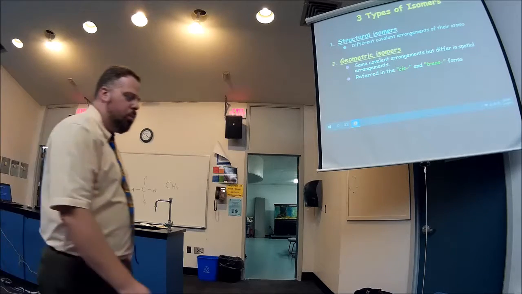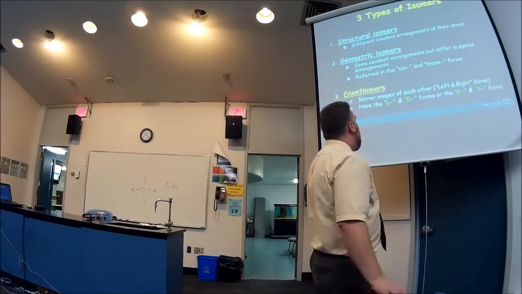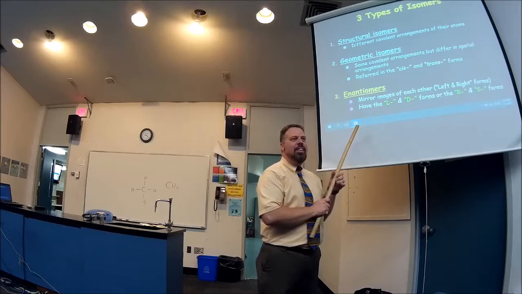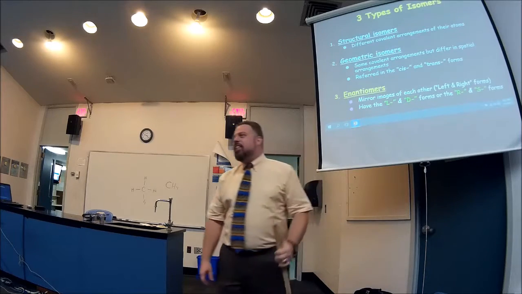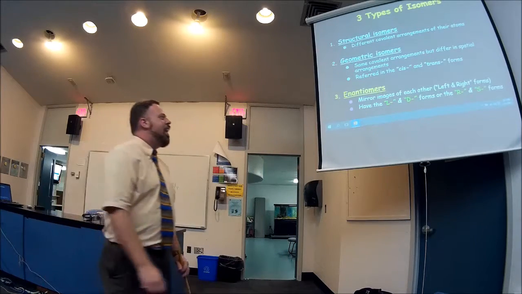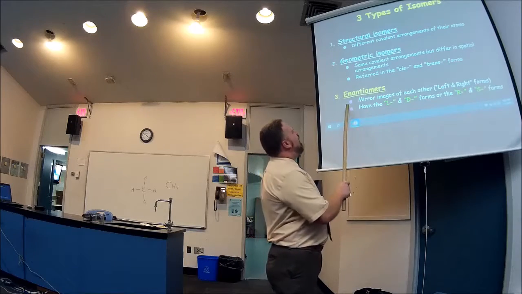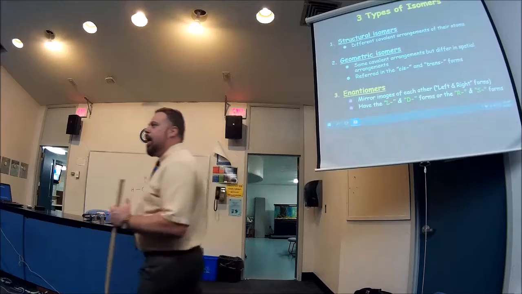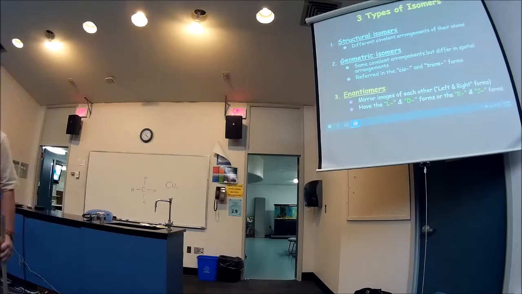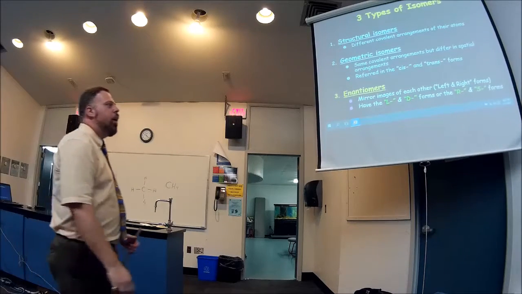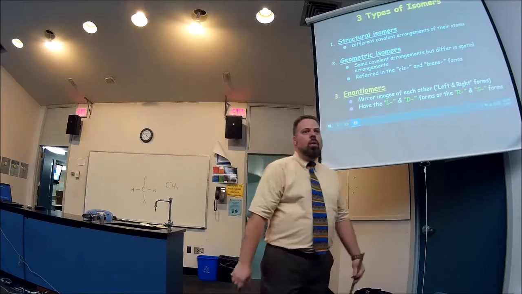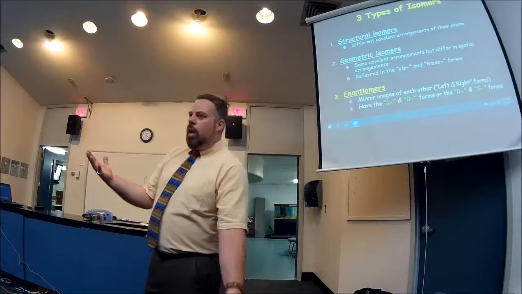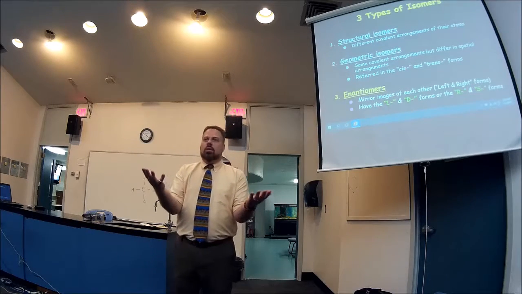Okay? We also have, and how do you pronounce that? Everybody says it differently. All right? Enantiomers. This word, you'll recognize it, are mirror images of each other. Meaning, you're looking at your right hand and your left hand.